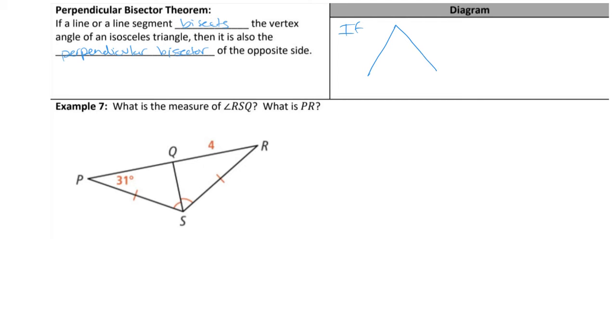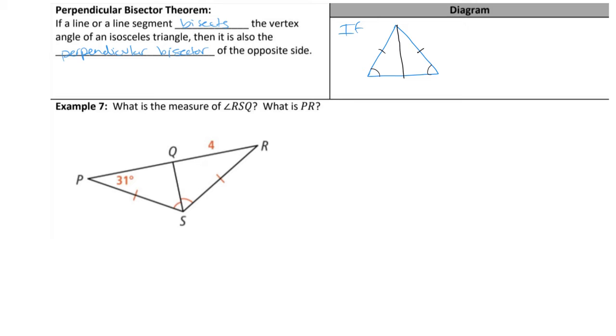some triangle here, and we know it's isosceles, right? So isosceles tells us these sides are congruent and these angles are congruent. And say we put a perpendicular bisector, meaning it cuts that vertex angle in half.